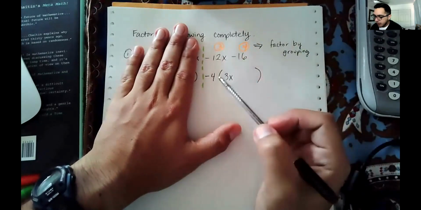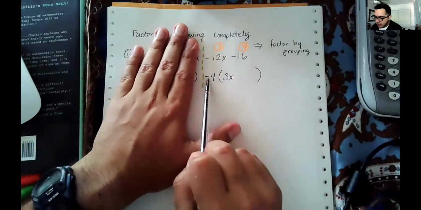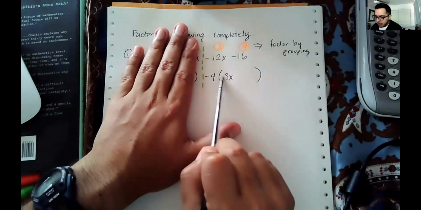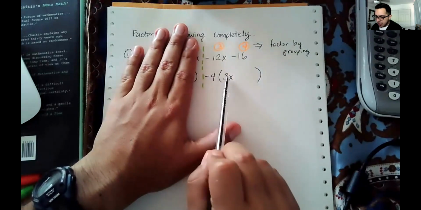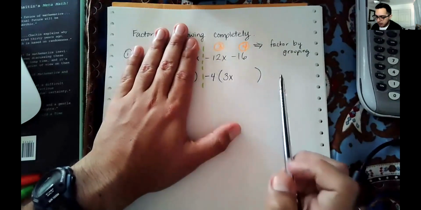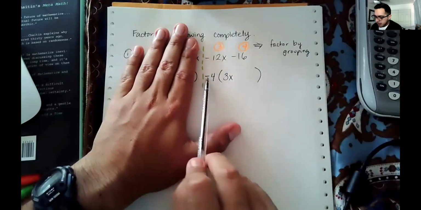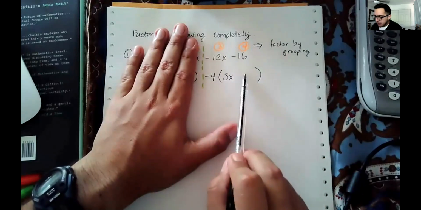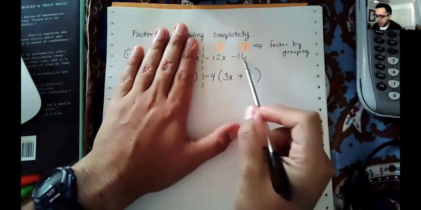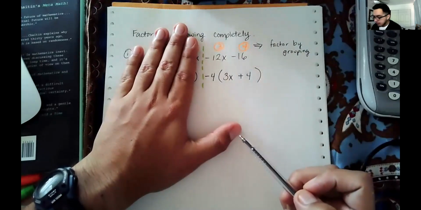If you're a little bit rusty on your negatives and positives, just know that a negative times a positive gives you back the negative. If you put a negative here, that would be incorrect because a negative times a negative would give you a positive, and that's not the term that we have right here. It has to multiply to give you back the original term. Now -4 times, we need a +4 in order to get the negative 16. Does that make sense, or does anybody have any questions?